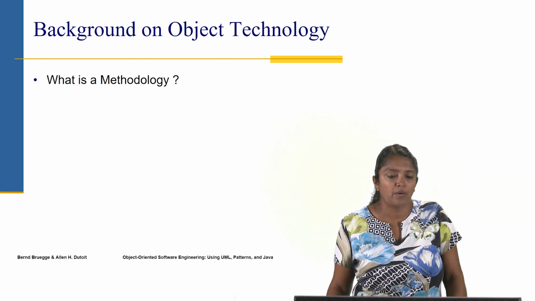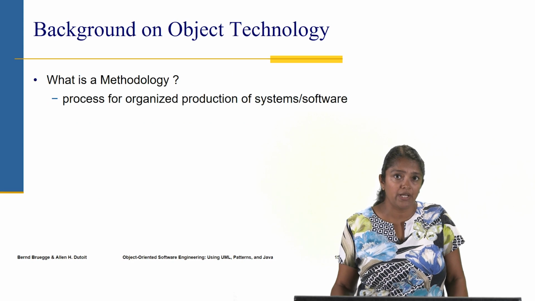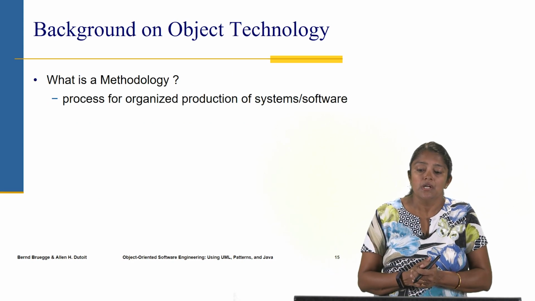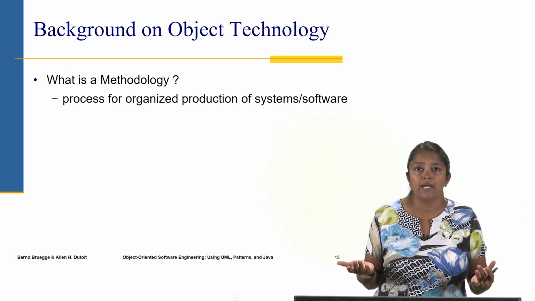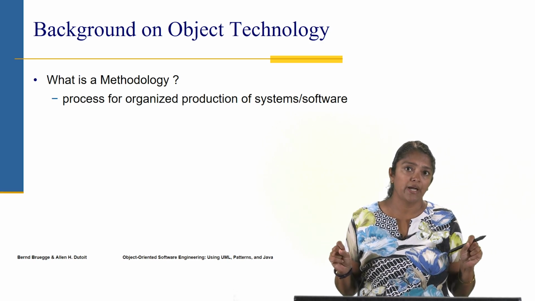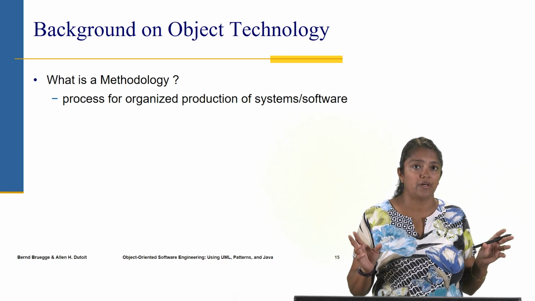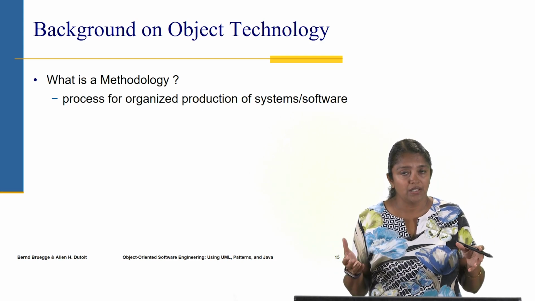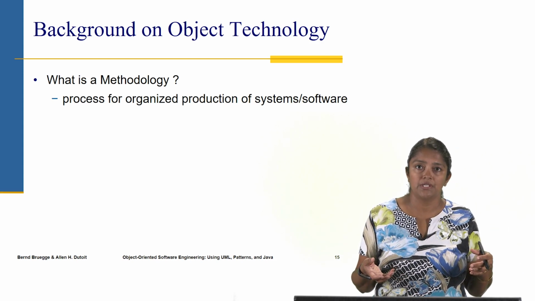Now some background on object-oriented technology. I'm assuming all of you know this already. You've done it through other courses because it is a prerequisite for this course. Basically the idea, again going back to the definition of software engineering, is that we are using existing techniques, existing methodologies and tools to produce high quality software.